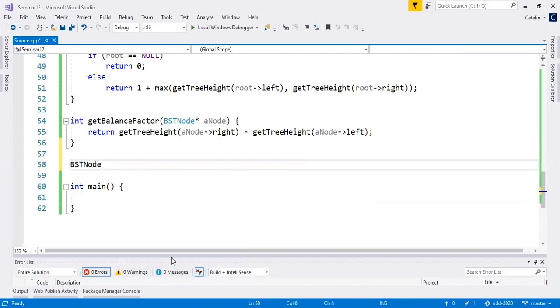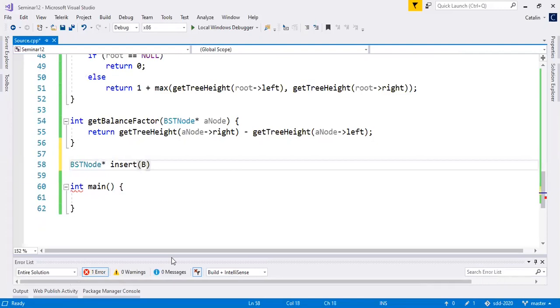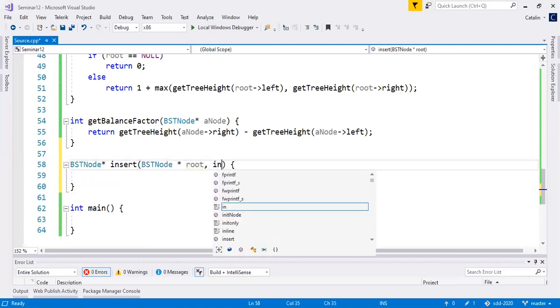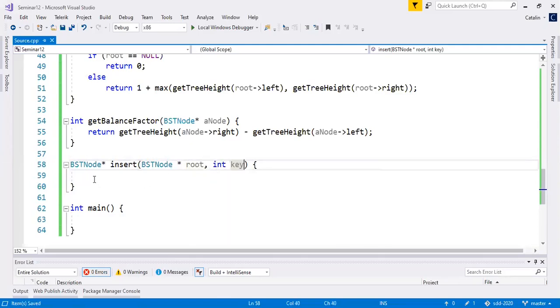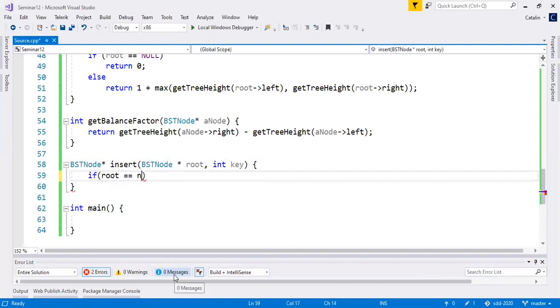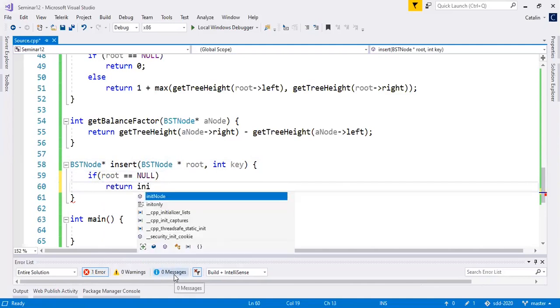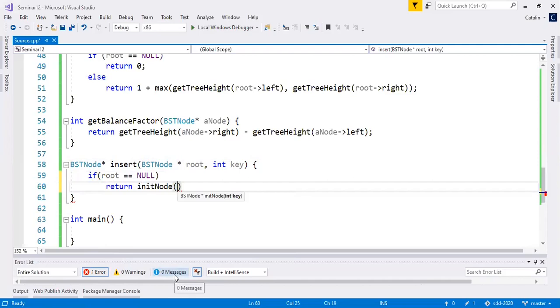So binary search tree node insert. And here you have the binary search tree node root, and the key, int key. Let's create the new node if the current node doesn't exist. So if root equals null, return init node of key.